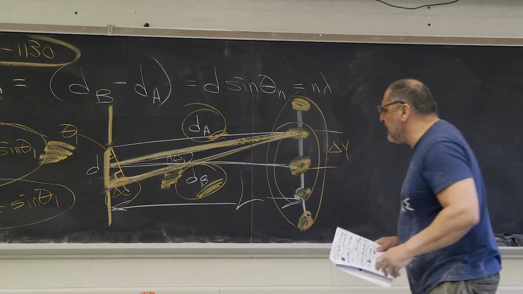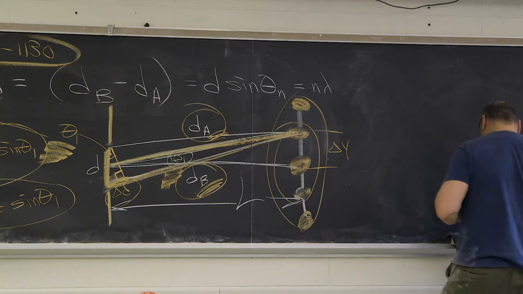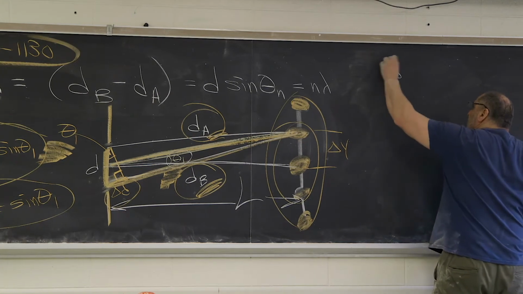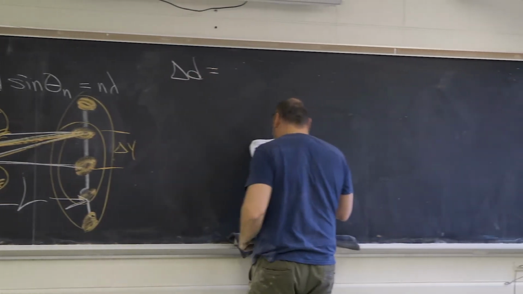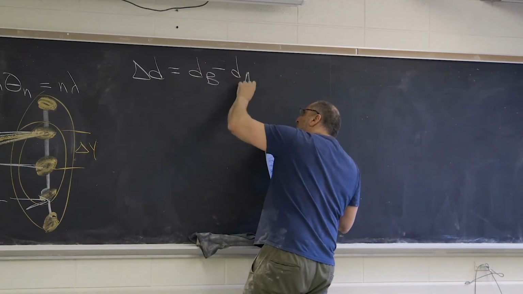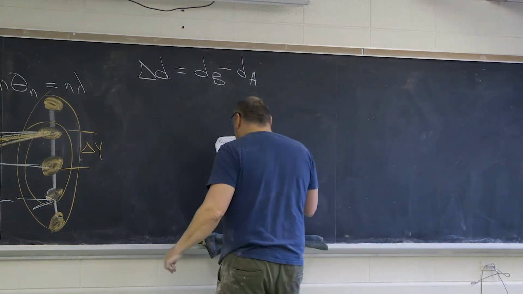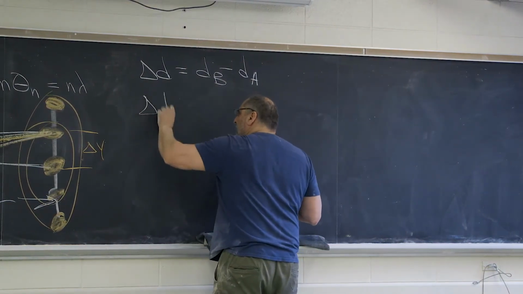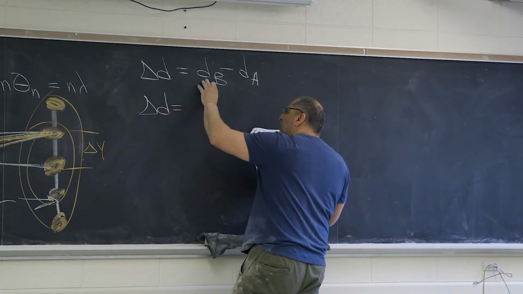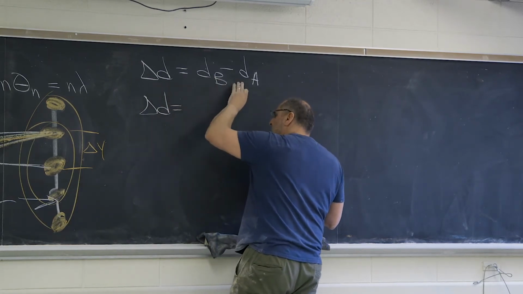In this case, this whole different dynamic, but a lot of the same mathematics is going to take place. The difference in the path, you guys, is delta B minus delta A. The difference in the path, delta D, is dB minus dA.